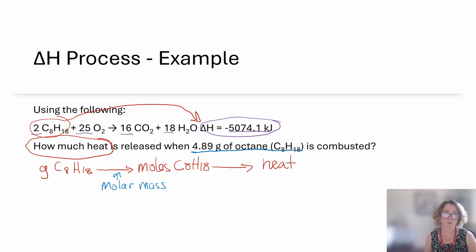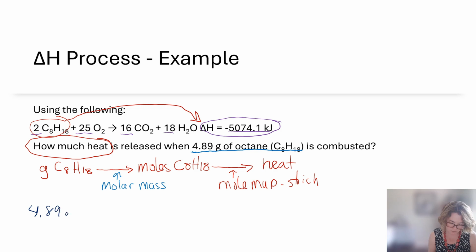I know that I have 2 moles of octane for every 5,074.1 kilojoules of heat. And so this is going to come right from my mole map, where I'm going to incorporate that stoichiometry. So in setting this up, I am starting with my 4.89 grams of C8H18.